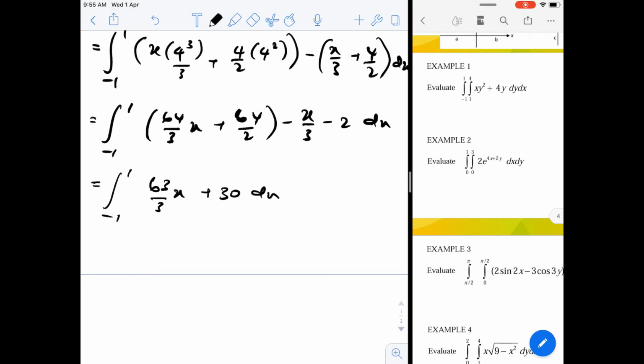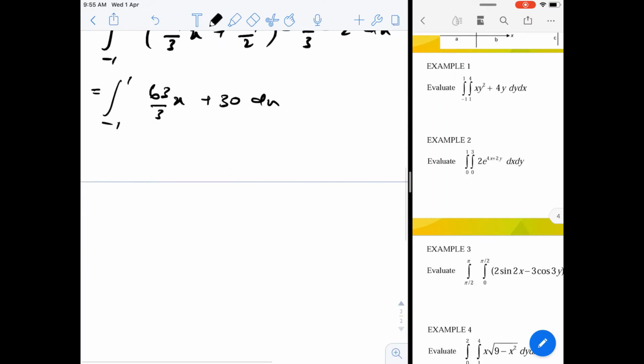dx. So we can now integrate this one, equals to 63x over 3 becomes 63 over 3 times x squared over 2 plus 30x. Substitute x equals to negative 1 and x equals to 1.